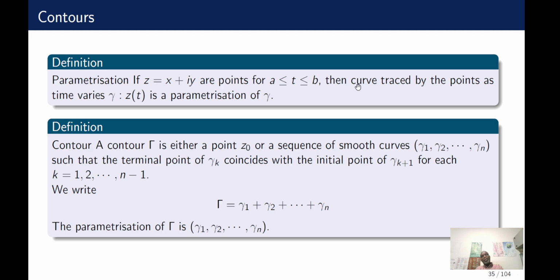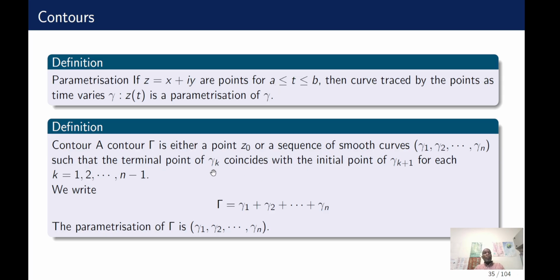You can trace out a curve by points as the time varies. That tracing is called a parameterization. As time moves from a to b, the parameter will move around through the points, starting from an initial point to a terminal point.